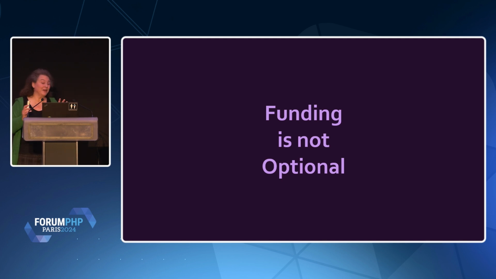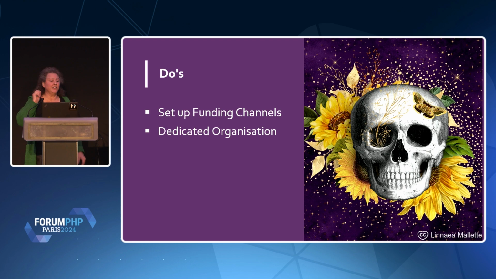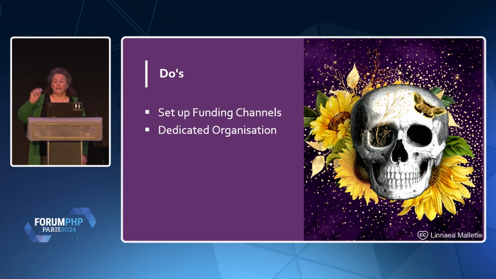Right, so enough about all the money things, but I do think it's important to mention that. Some other do's, I already mentioned the funding channels. Another one is create a dedicated organization. I already mentioned accept utils. For me, it's something I'm very aware of. I don't want to give people commit too easily. At the same time, there are sub-projects which people could take on, which I'd happily give them commit rights to and have them take the responsibility for a sub-project.